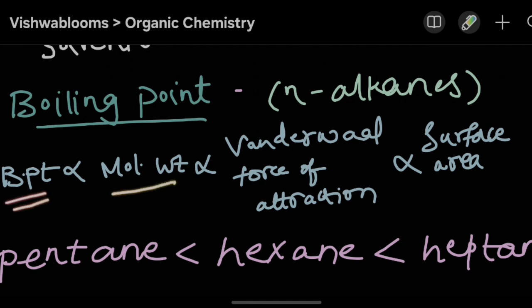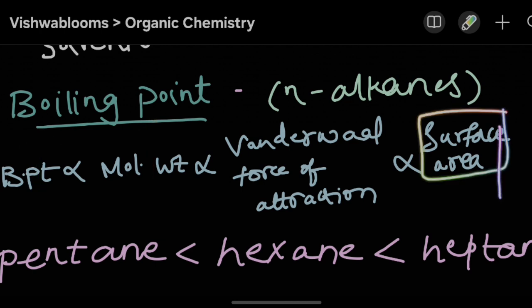Boiling point is directly proportional to the molecular weight, and it is also directly proportional to the van der Waals forces of attraction, and that is directly proportional to the surface area. So if the van der Waals forces of attraction are higher, you see a higher boiling point, and if the molecular weight is higher, boiling points are higher, and for larger surface area boiling points are higher.